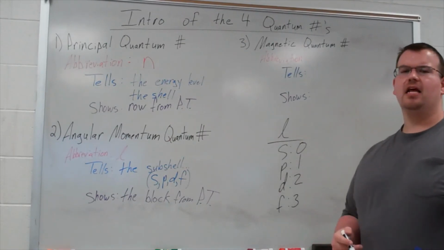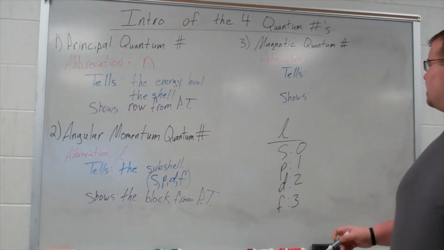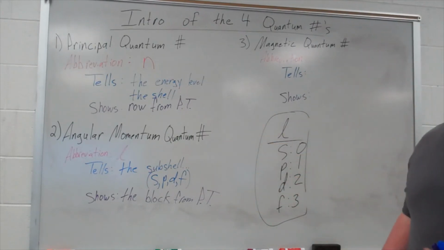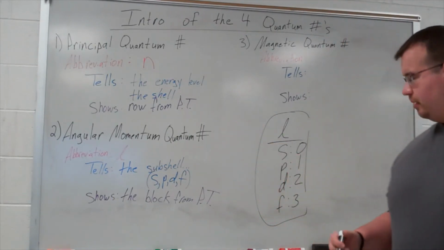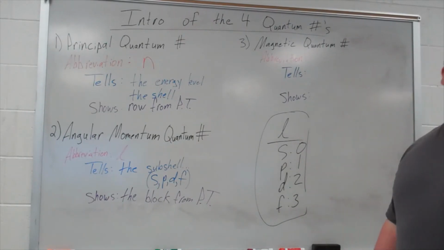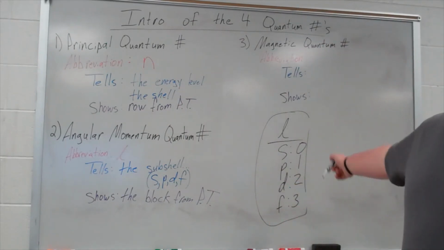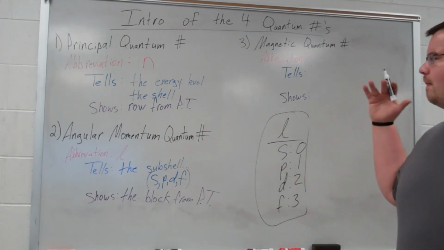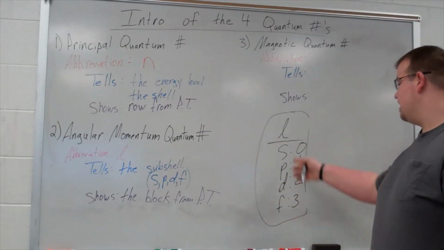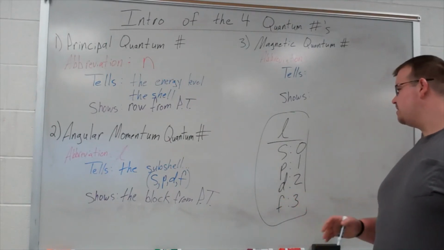This is defined. Whenever we start working problems, this right here is the piece of information every year I have students struggle the most with. So have this information, write it down. If you're ever doing anything with the quantum numbers, write that down. Because you're automatically going to look and say, wait, why is it this? That's because s is 0, p is 1, d is 2, f is 3.